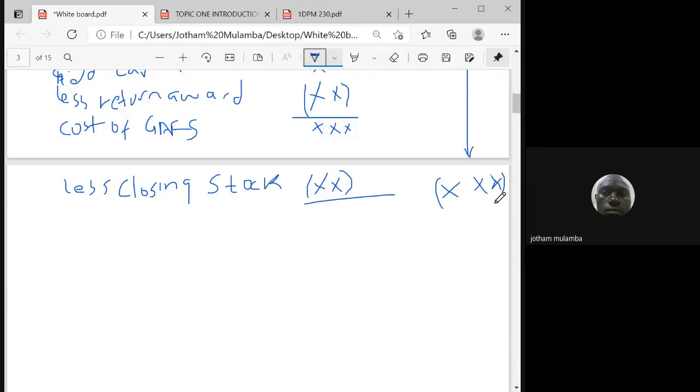Once you have done the subtraction, the value we get here is what we refer to as gross profit. Refer to this as gross profit.